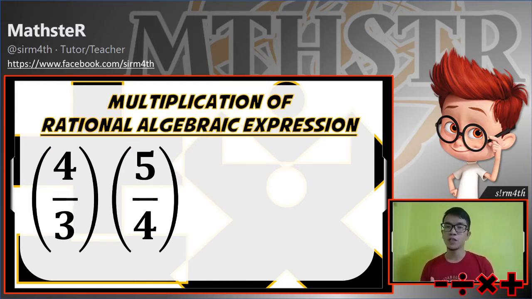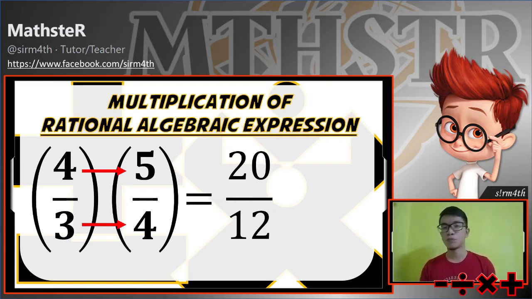Kung imu-multiply natin ang fractions, kailangan i-multiply natin yung numerator times numerator at denominator times denominator. Okay? So, if we multiply 4 times 5, the answer is 20. And if we multiply 3 times 4, the answer is 12. So the product of the fraction 4 over 3 times 5 over 4 is 20 over 12.